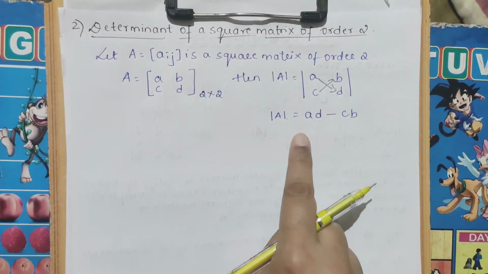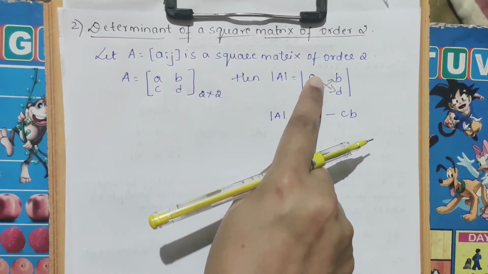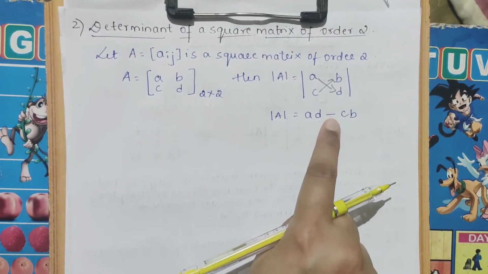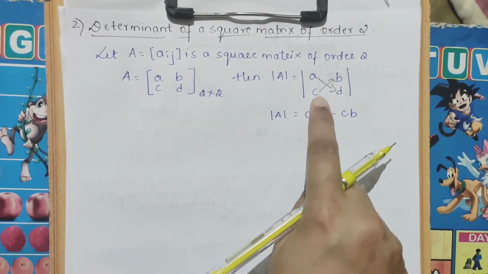You have to find it in such a way. When it is of order 2, you cross multiply the diagonal elements. Minus is the standard, it will be minus only, and then again c into b.